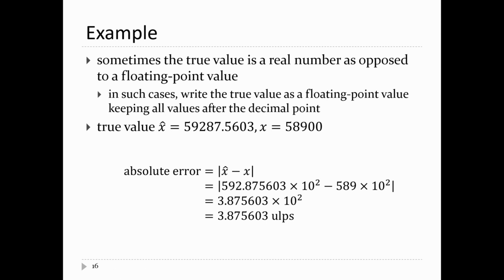So 59,287 point something is equal to 592 point something times 10 to the 2. For 58,900, I just write that out, making sure to keep the exponent the same as the 2. So that's 589 times 10 to the 2. And here you get 3 point something ULPs of error. So once again, that exponent has to be the same. If your true value has more digits than you have in your significand, you just keep all the digits.